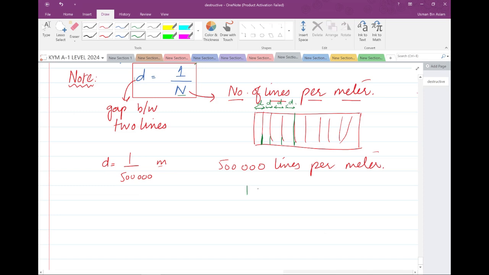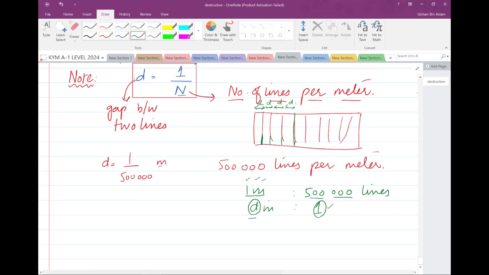So if in 1 meter there are 500,000 lines, then one line is responsible for making a length of d, one small d. Inside 1 meter of length there are 500,000 lines, and one line is formed after every d meters.